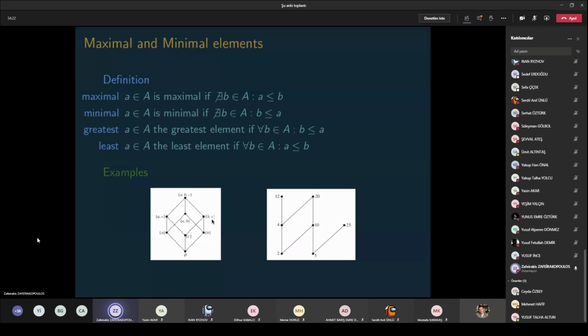So in this poset, is AB a maximal element? No. Why? Because ABC is bigger than AB. Exactly. So there is an element that is bigger than AB.